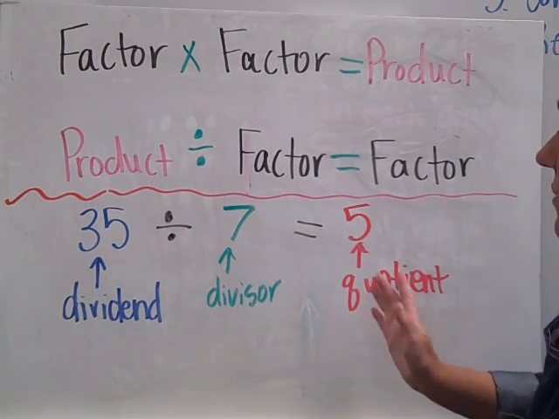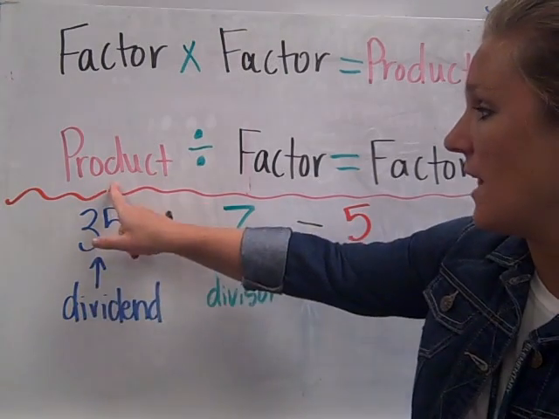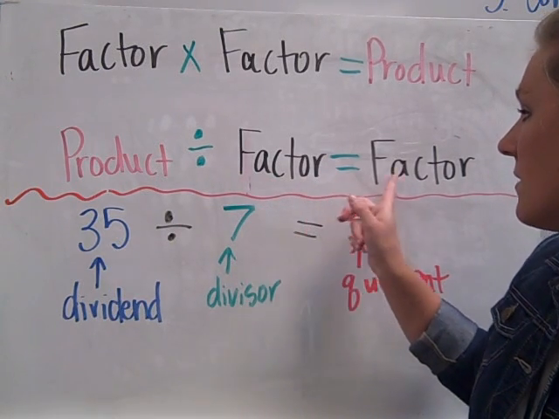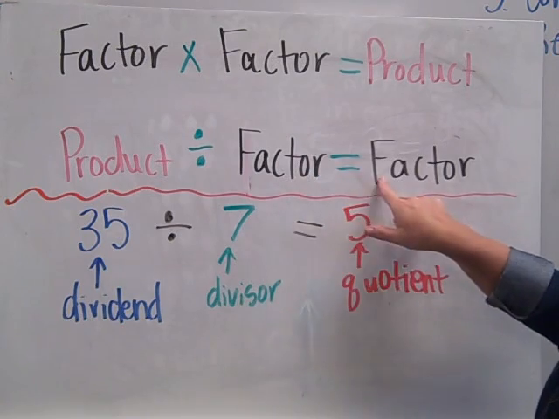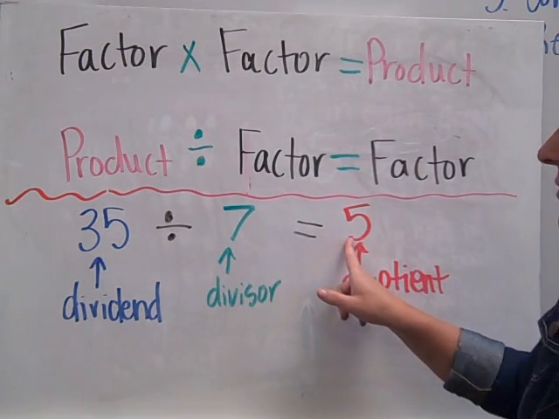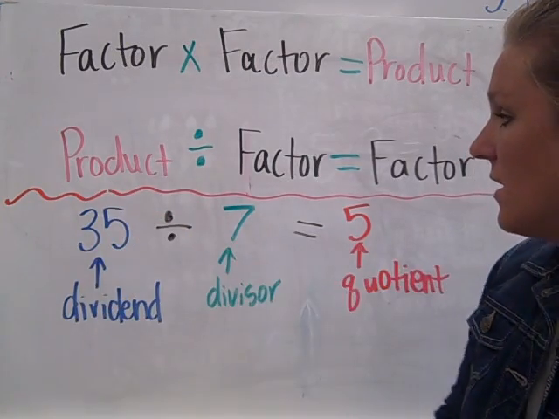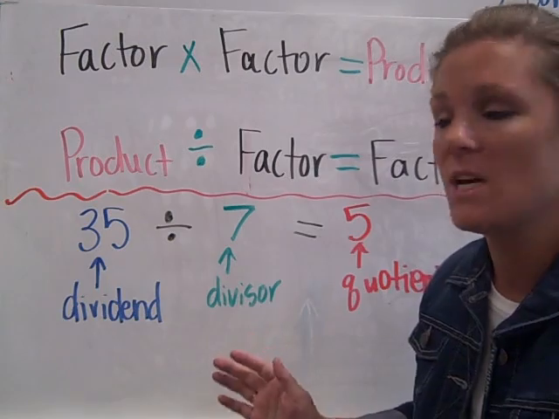Okay? Now if you think about it back up this way, this would be our product, 35 divided by 7 equals 5. And if you turned around and multiplied these two factors, 7 and 5, you would in fact get 35, the product. So all you're going to do is manipulate the numbers, change them around.